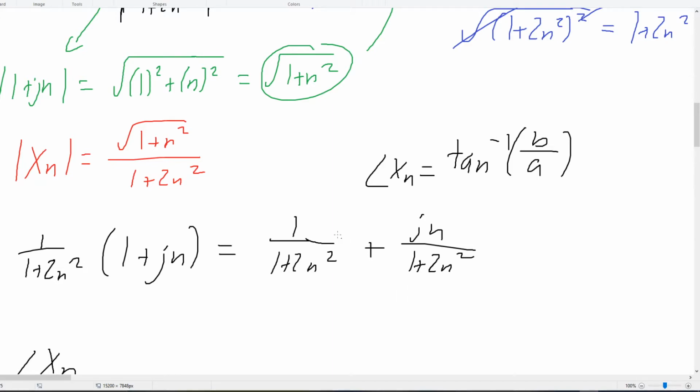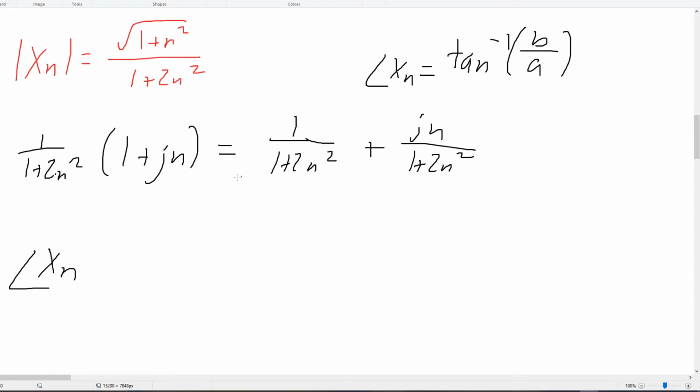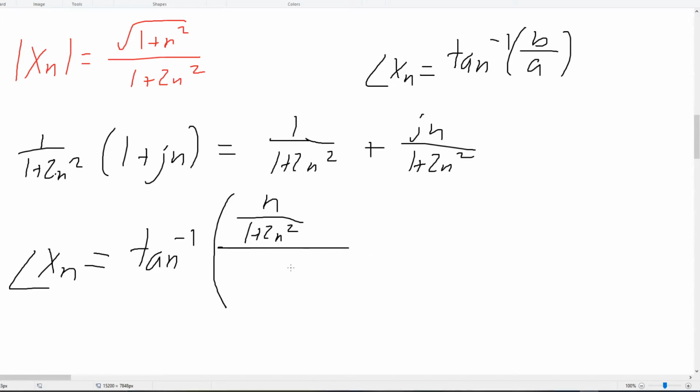This will be your A, and this is going to be your B. Let's write that over here. This is equal to inverse tangent of b over a. So this is going to be really big. n over 1 plus 2n squared divided by a, which is 1 over 1 plus 2n squared.